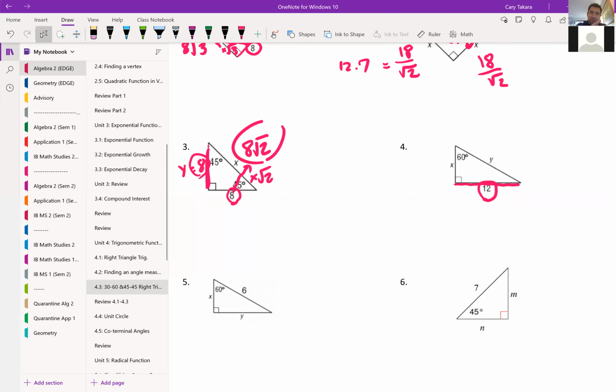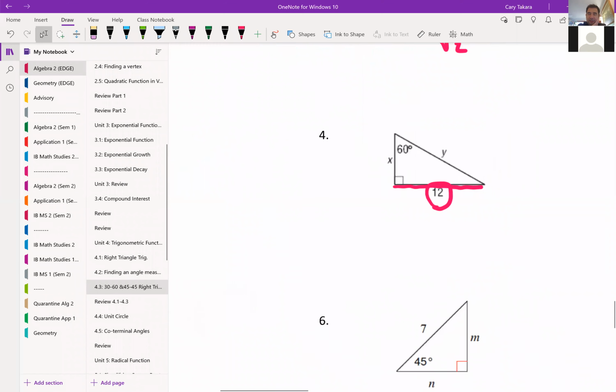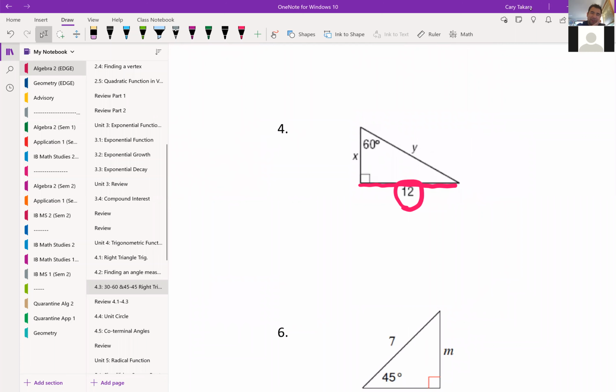What do you figure out first for number 4? How do you go from the long leg to the short leg? Is it a double and a half relationship?